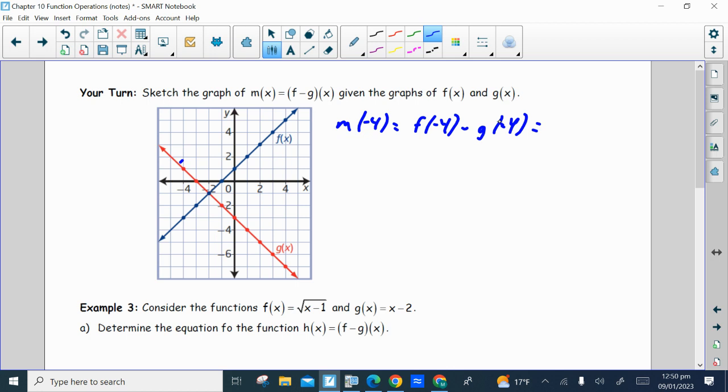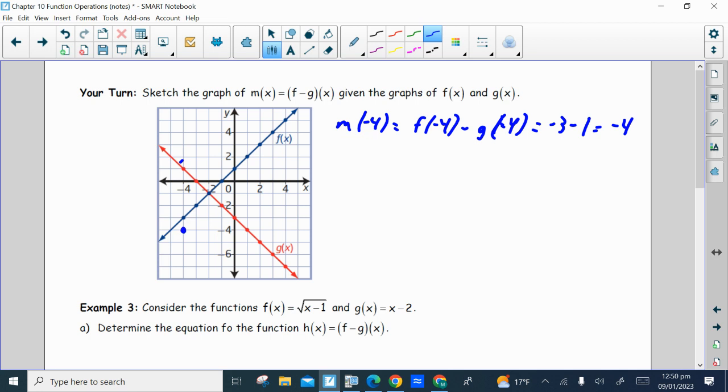So on the f graph, when x is negative 4, we see the value of y is negative 3, minus on the g graph, when x is negative 4, the value of y is positive 1. And negative 3 take away 1 is negative 4.